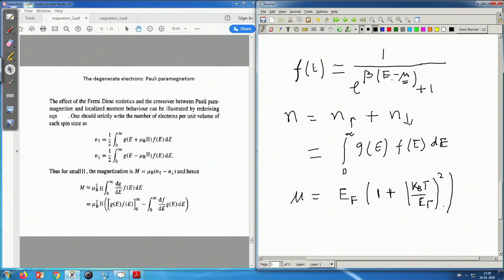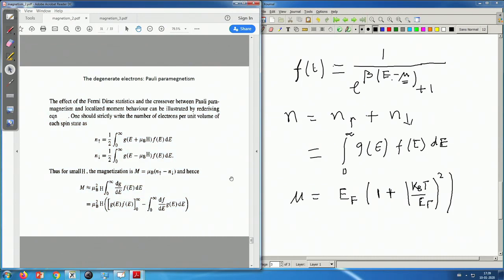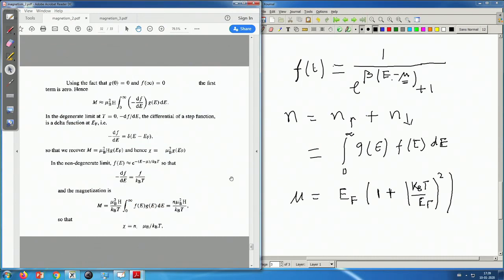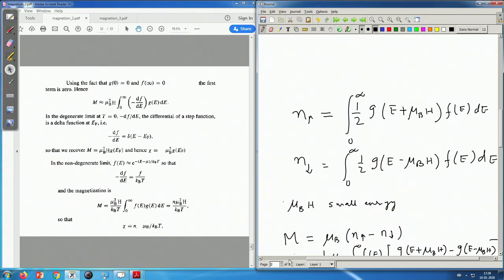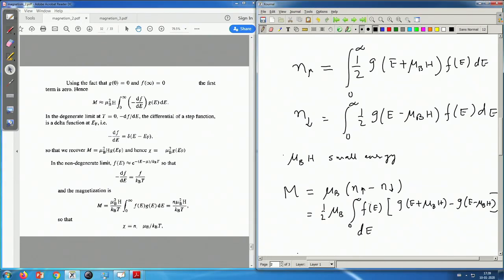So that remains whatever it is, to first order in μB H. The magnetic field has not changed the chemical potential to first order in μB H. Okay, that is a side issue, but then one can just go ahead and do this integral, which is here. This is the one we are after.